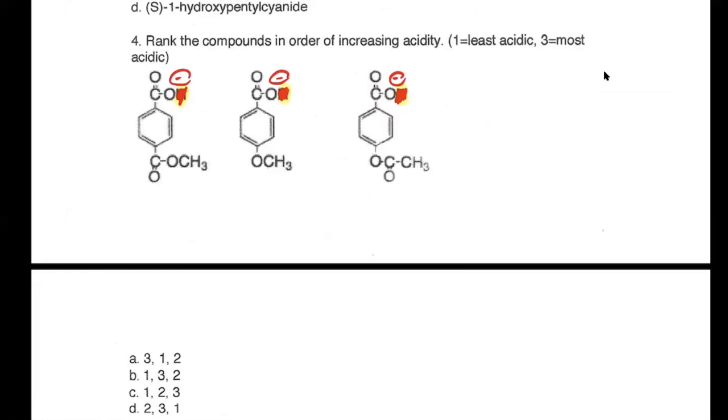Now here, we want to compare these in terms of how donating they are or how withdrawing they are. If something is donating its electron density to something that is already negative, that's going to be a problem. You're going to be destabilizing the molecule. So between all three of these, which do you think has the most donating group?